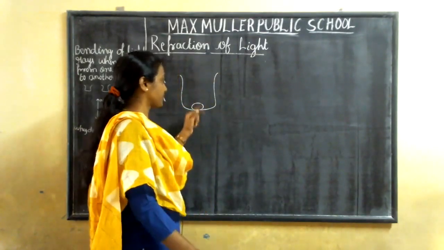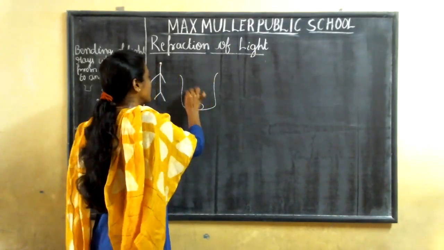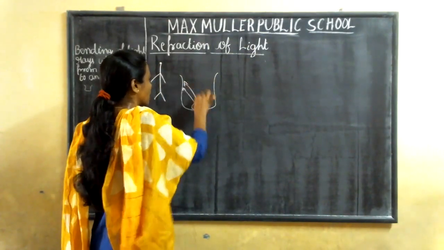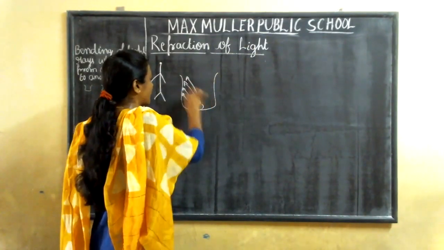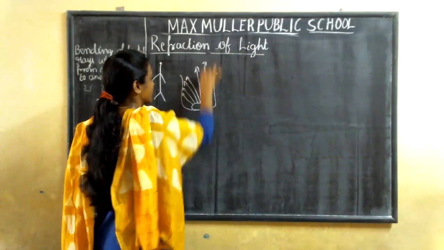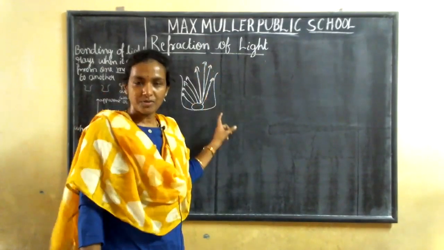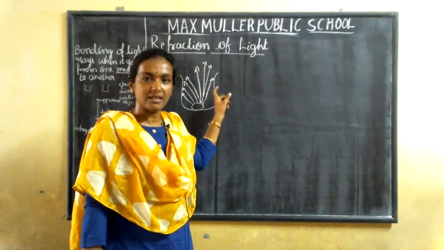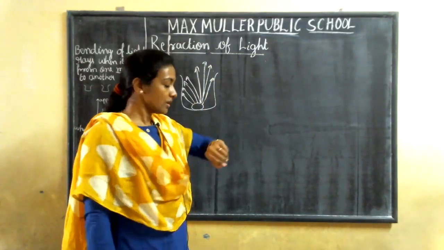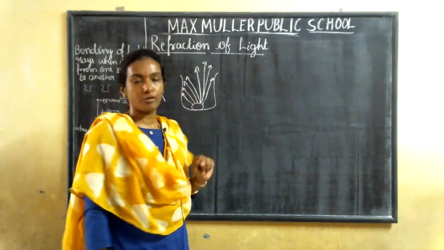Why? Because the rays which are coming from the coin are blocked by this container, so you are unable to see this object here.